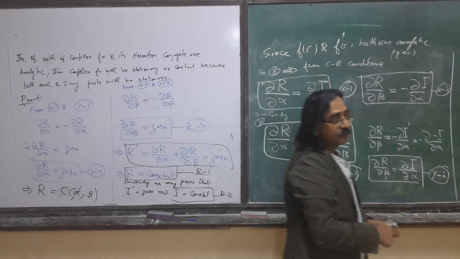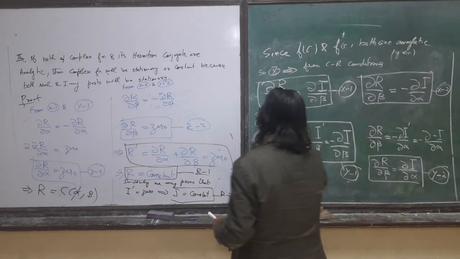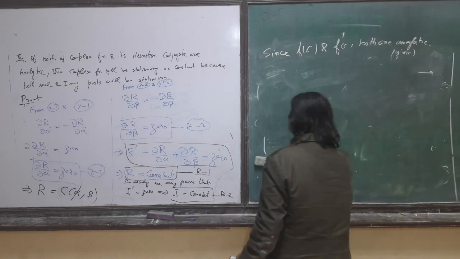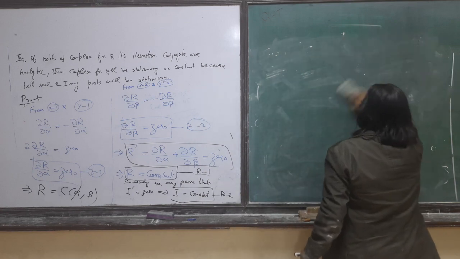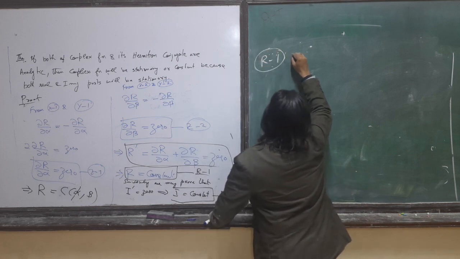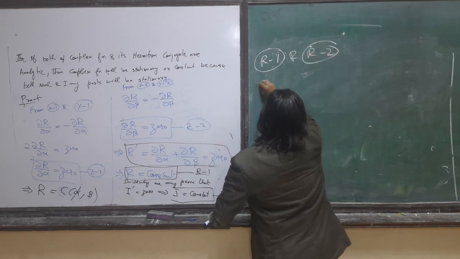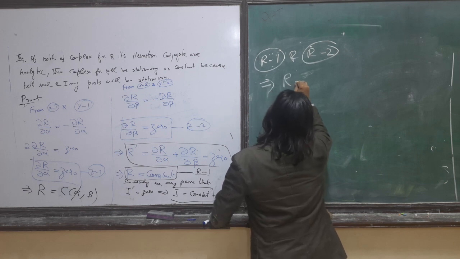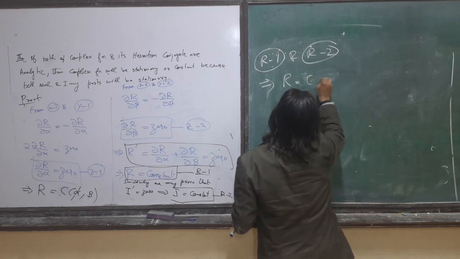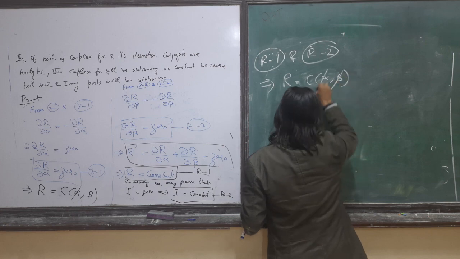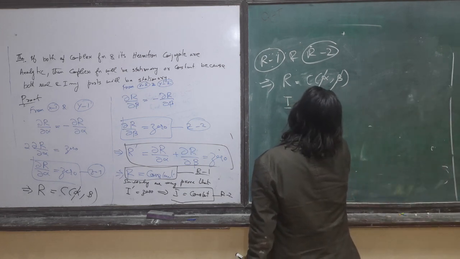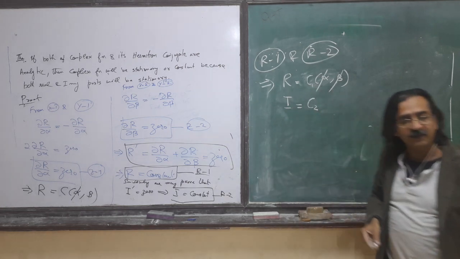From result 1 and result 2, we have R constant, and R is constant with respect to both alpha and beta, and I is also constant. The constants may be different, so I must write C1 and C2.